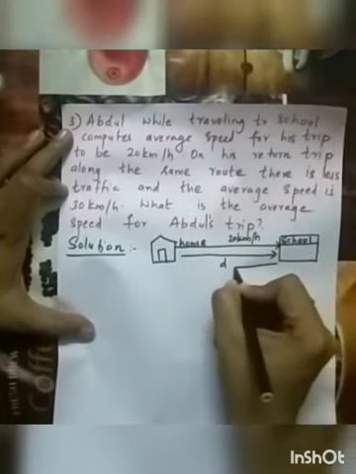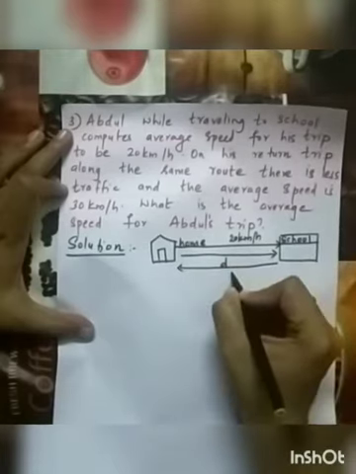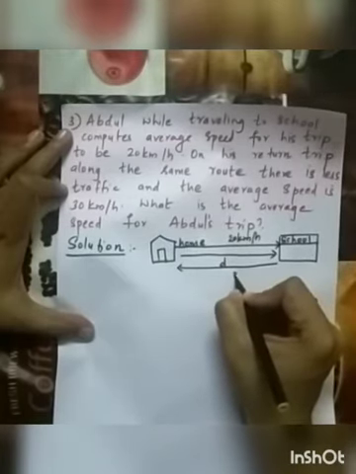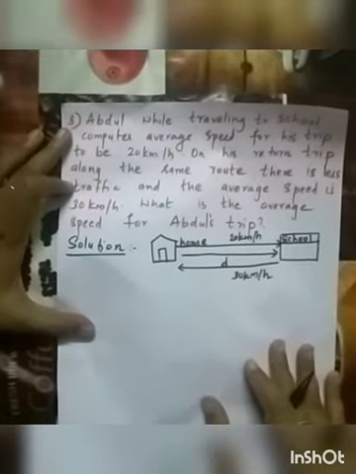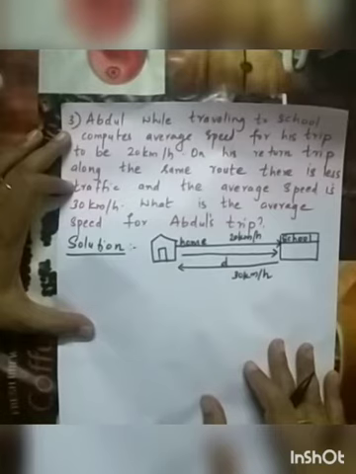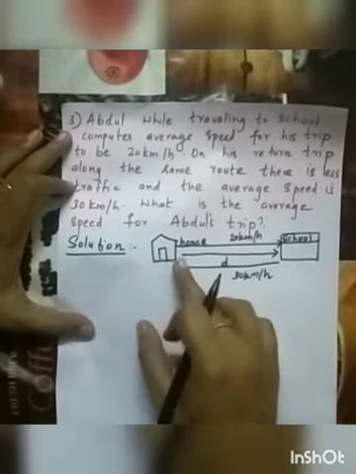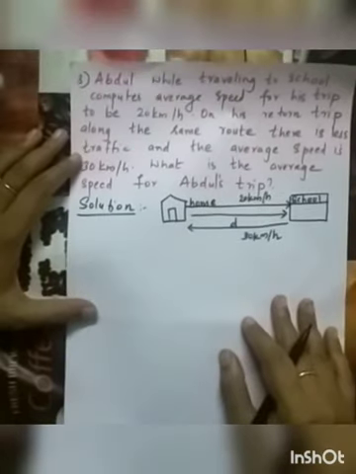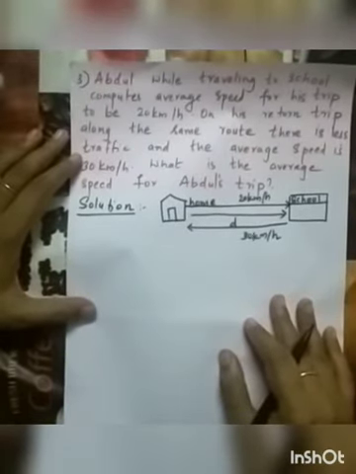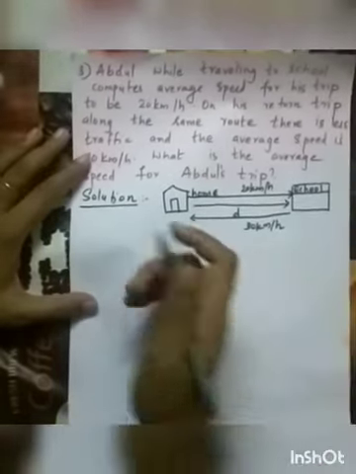But on his return trip from school to home, the speed was 30 km per hour because there was less traffic. So the time taken for the two journeys is different, but the distance will be the same because the distance between home and the school won't change. So we need to find out the average speed for Abdul's trip.